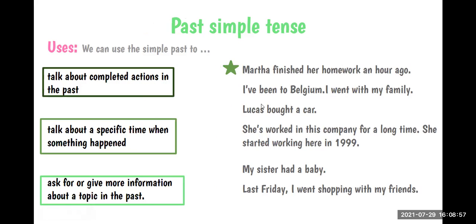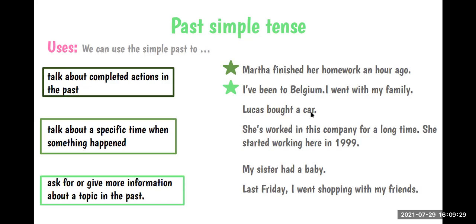I've been to Belgium. I went with my family. So, what can we say here? To give more information about a topic in the past, because here we have the present perfect, and after that, the simple past to give more information.